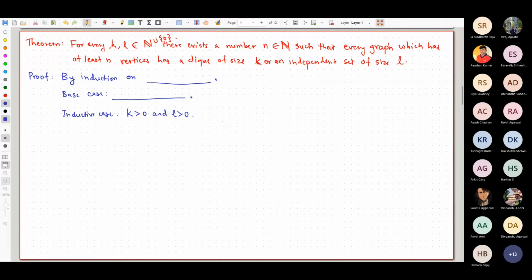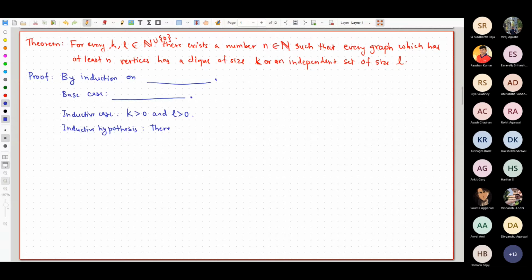So the induction hypothesis, by induction on whatever you state over here, should ensure that we can assume this as a part of the inductive hypothesis. What can we assume?